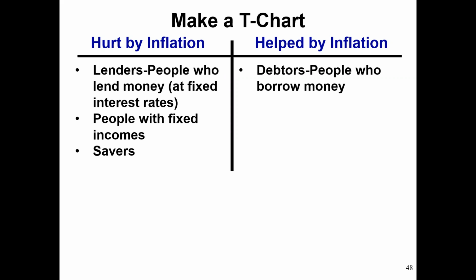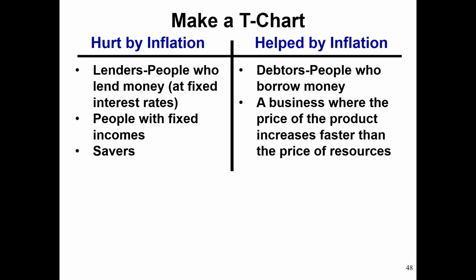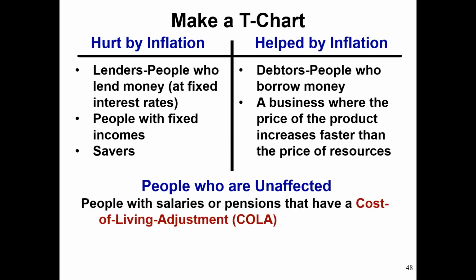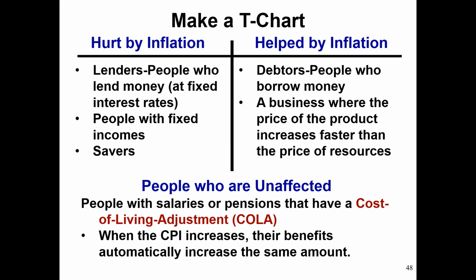It helps debtors because I'm paying back cheaper money, and businesses where the price of the product rises. Now, people that are not hurt or helped are people who have COLAs, cost of living adjustments, where your salary or your pension check increases or decreases with the rate of inflation.